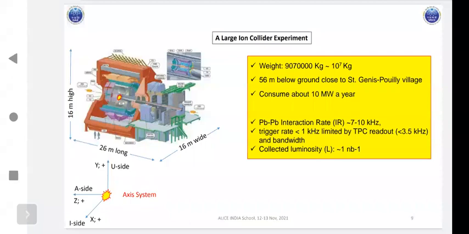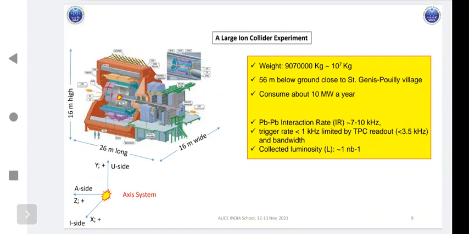On the left-hand side, I have shown the schematic of the ALICE experiment. See, it's a cylindrical type, right? And different types of detectors are stacked together, starting from the very inner cylinder, then a middle one, and outermost there is something else in red color.